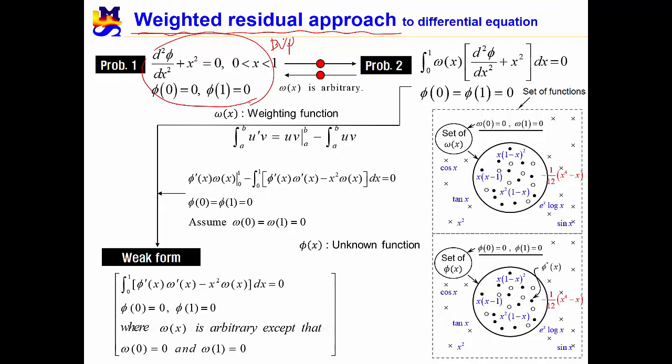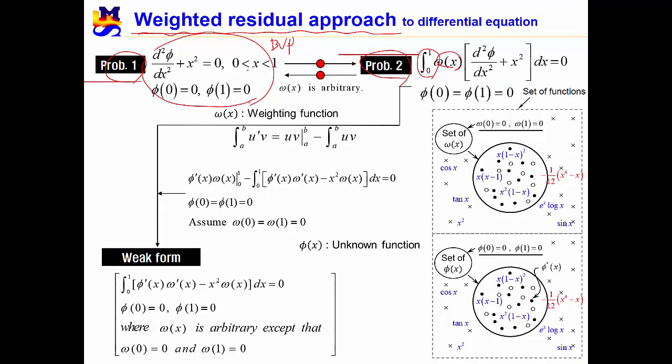This is the same boundary problem identified by problem 1 with that employed for this method. We can obtain this expression identified by problem 2 after multiplying both sides by weighting function omega(x) and applying integration over the line segment of interest.